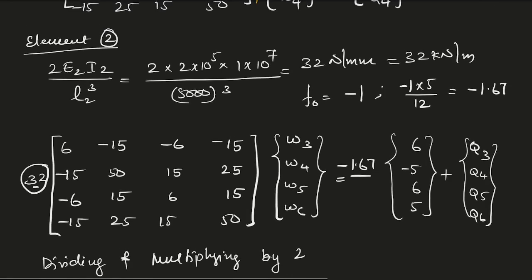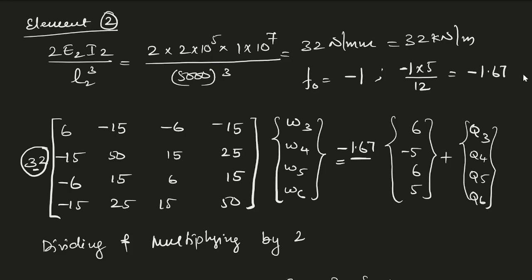The value for this is minus 5 divided by 12, which is 0.416, right? So this one is minus 5 divided by 12. Here I did a mistake, sorry.